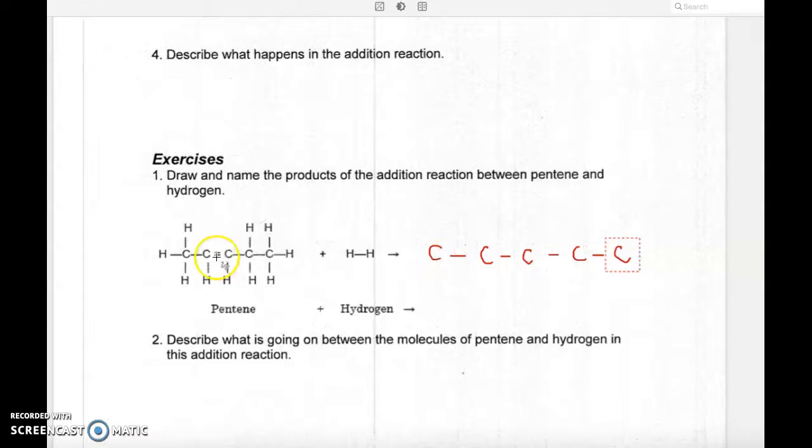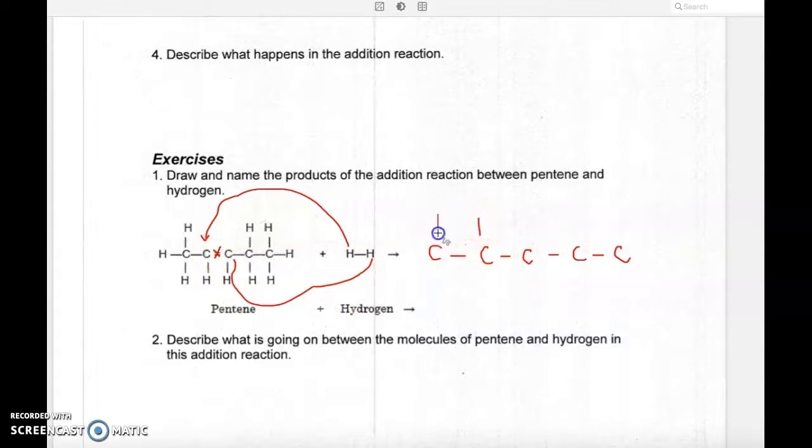All right, so this double bond right here, what's going to happen is these hydrogens are going to go over here and attach to these carbons. So that means this double bond gets canceled out.